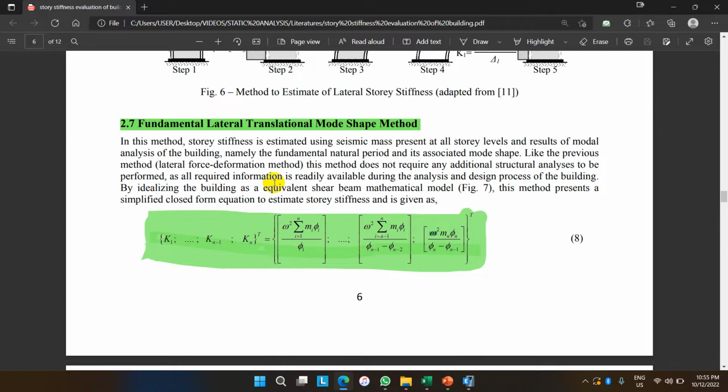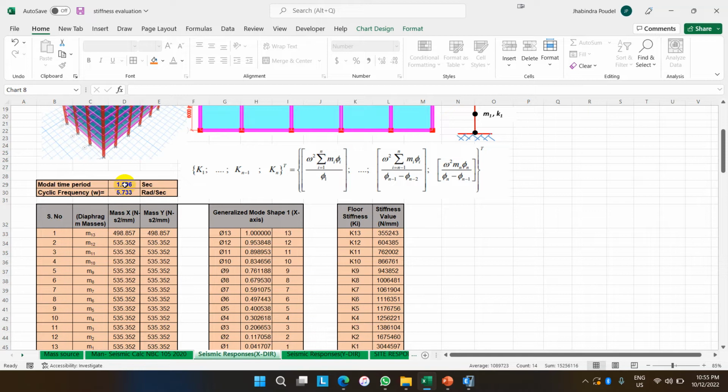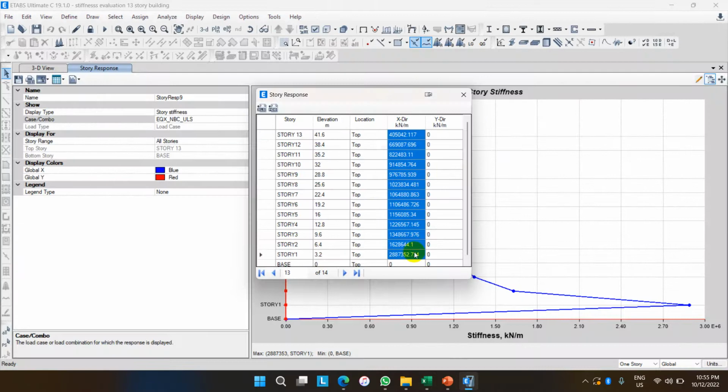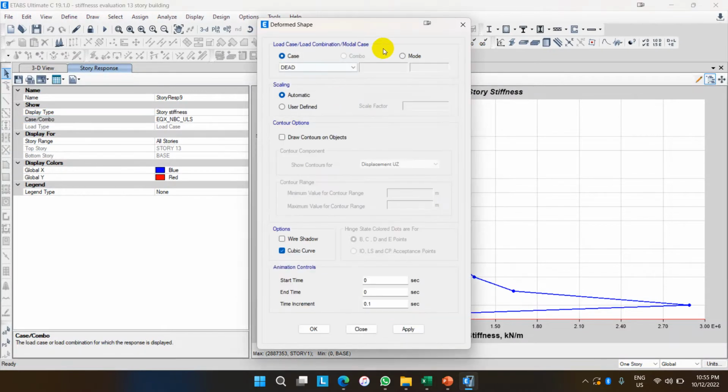So here in this paper, the story stiffness can be used with the fundamental time period obtained from the modal analysis with the associated mode shape. But here in my Excel sheet, I used the time period which is calculated manually. So let me put the value obtained from the ETABS model, and we'll see the difference in the story stiffness.